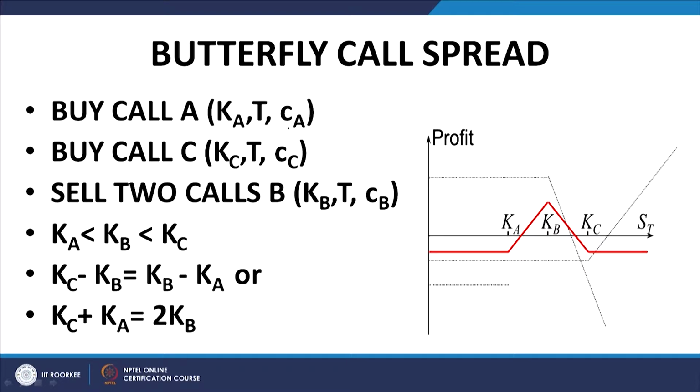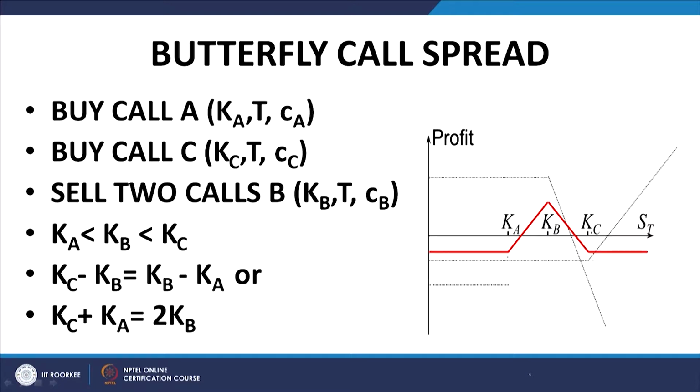All of these are vertical spreads, and the premium is Cc, and we sell two calls at the midway price between Ka and Kc. So, I repeat, buy one call at Ka, buy one call at Kc, and sell two calls at Kb, where Kb is precisely midway between Ka and Kc.